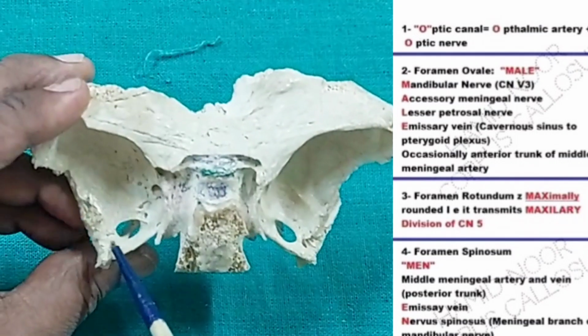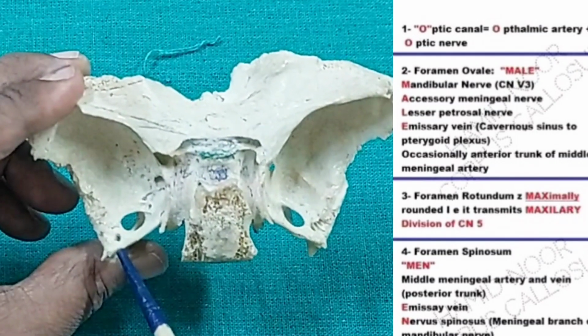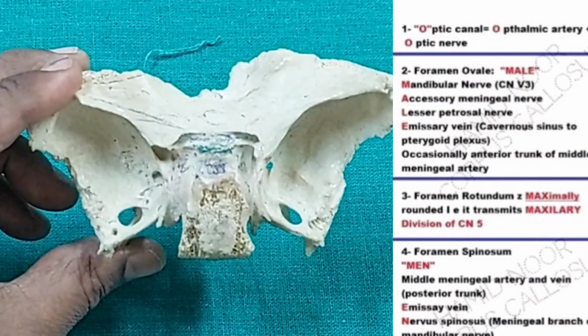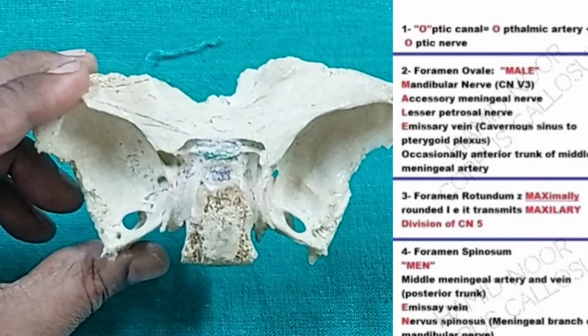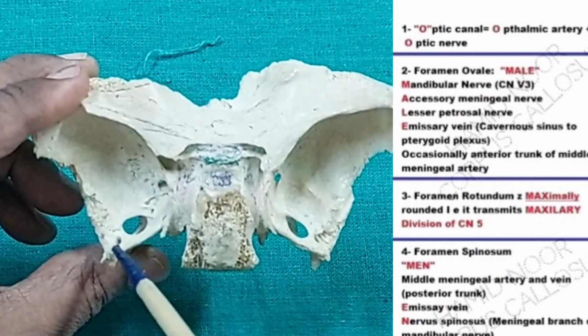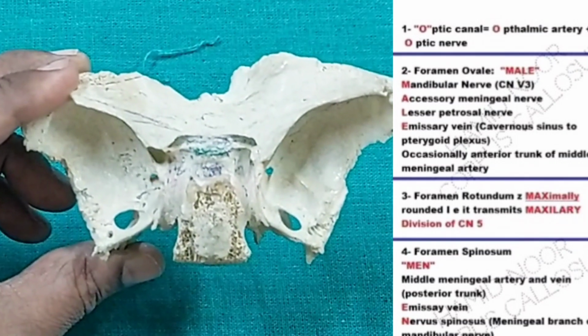And structures passing through the foramen spinosum are the nervus spinosus, which is a meningeal branch of the trunk of the mandibular nerve, then the posterior division of the middle meningeal vein, and one artery called the middle meningeal artery.